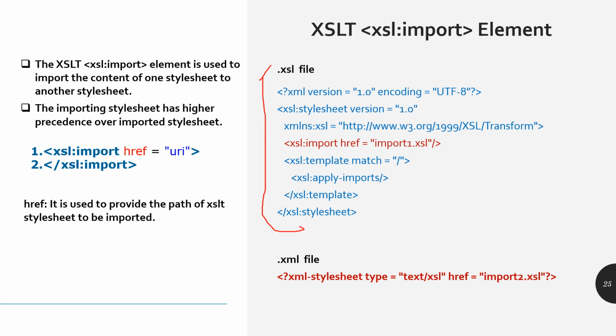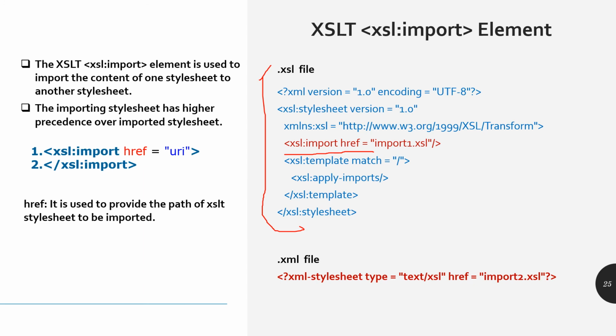There you need to execute this thing, the import href import 1. Import means already what we have that you need to specify. So after execution of this file will be imported, and we will get what is called import 2 XSL file.